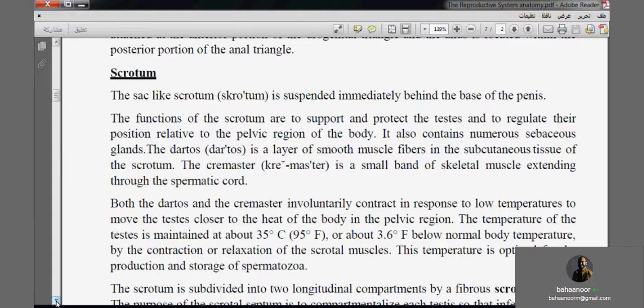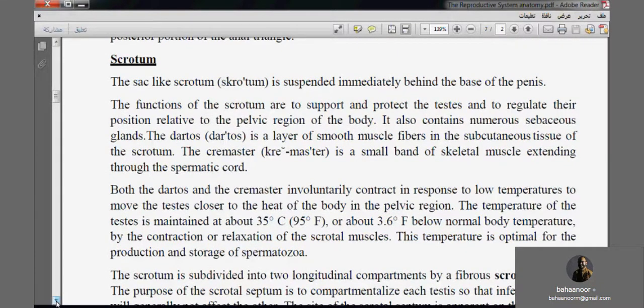The temperature of the testes is maintained about 3 degrees Celsius or about 5.4 Fahrenheit below normal body temperature. دائما تكون منطقة أبرد من الجسم.